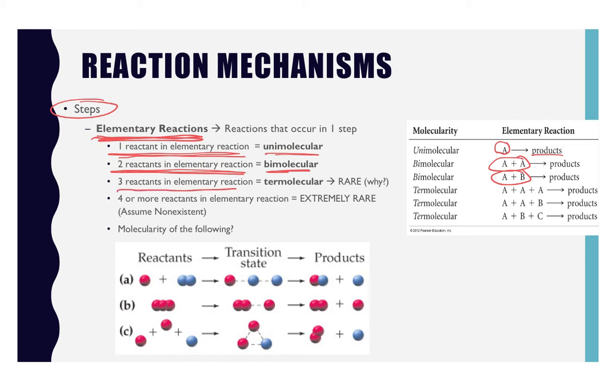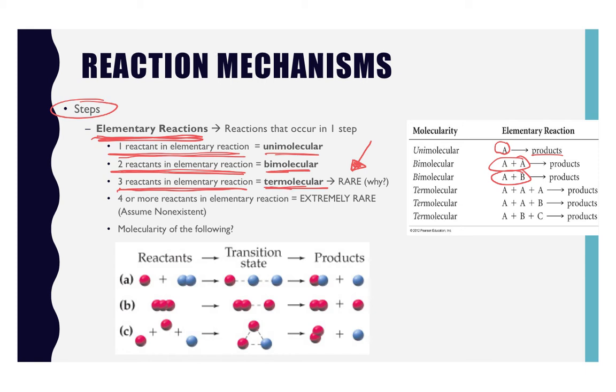If there are three reactants in an elementary reaction, we refer to this as termolecular. This is extremely rare. Why? Well, remember that yesterday when we talked about reaction and collision theory, reactants have to collide with each other in order to make a reaction happen.